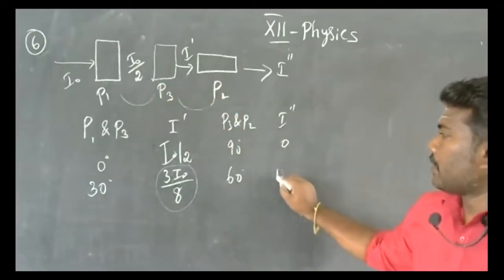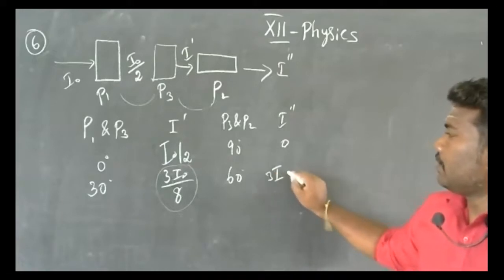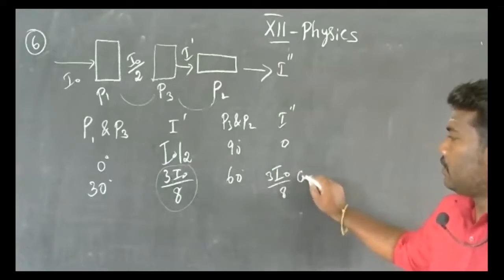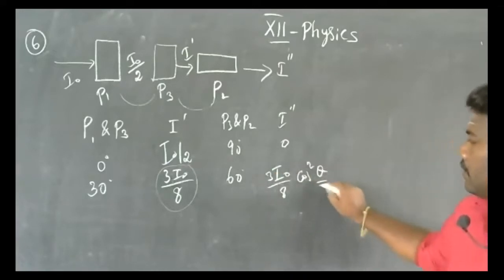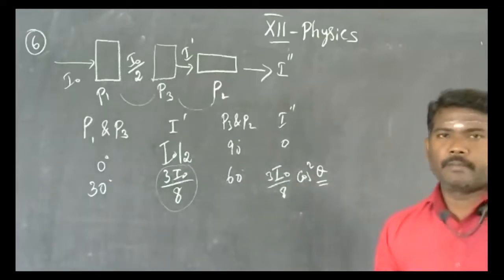So we are going to apply the formula for this case: 3 I naught divided by 8 cos square theta. The theta value is 60 degree.